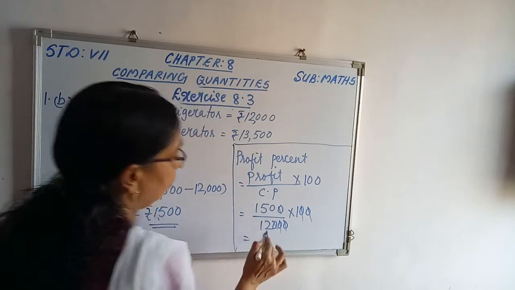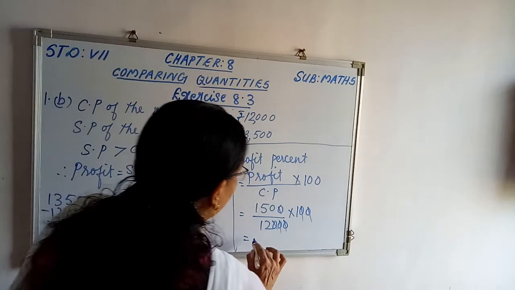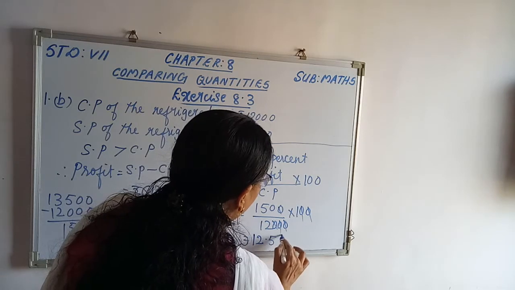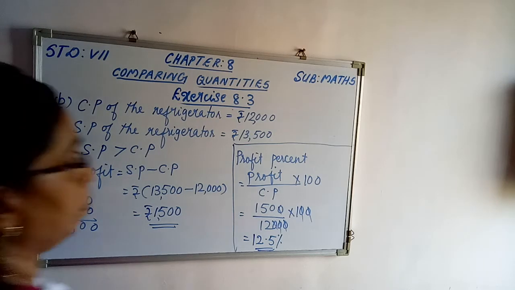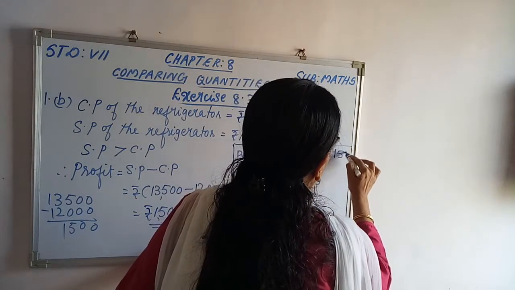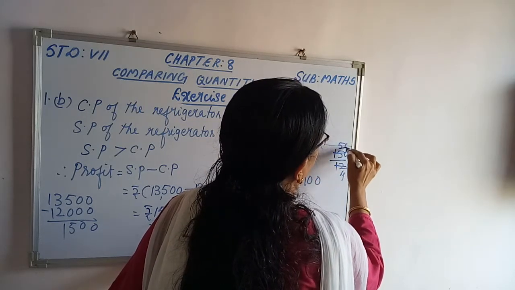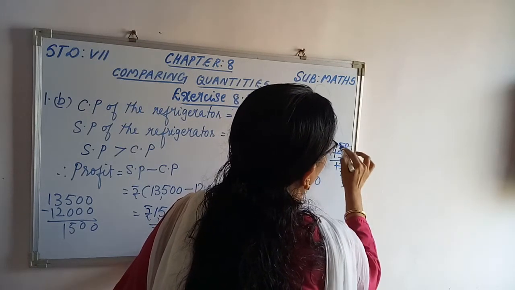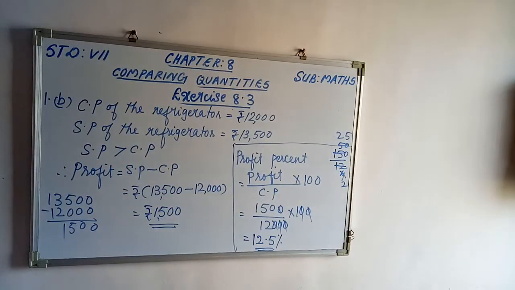Then so 150 upon 12. That is 12.5%. 150 upon 12, 12.5%. We can simplify and find out. 3 4s are 12, 15 minus 12 is 3, then 30, 2 12s are 24, 6 is left, then 60, 5 12s are 60. So 12.5%. That's the profit percent. Is that clear?